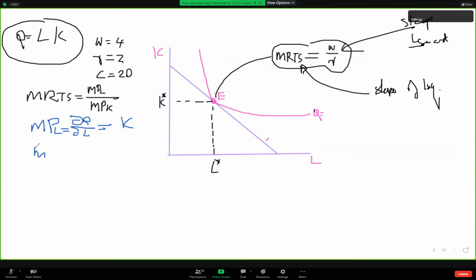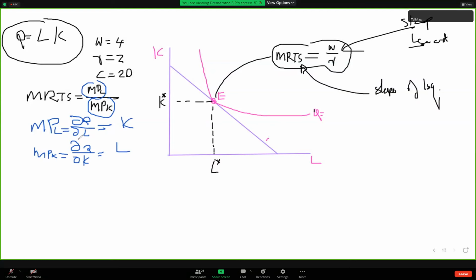The marginal product of capital: you differentiate the production function with respect to K, and you get L. So MRTS is MPL divided by MPK.